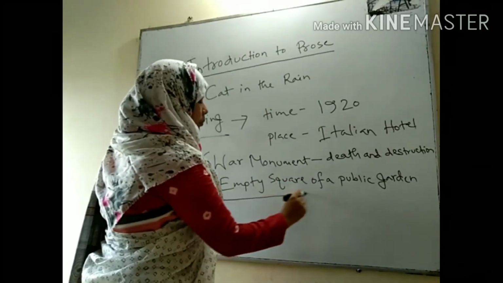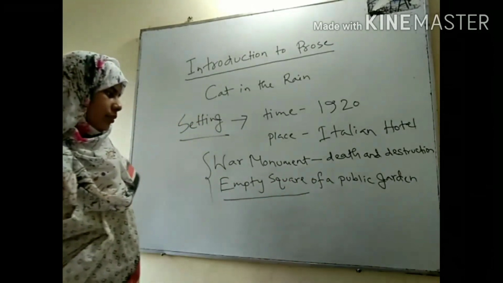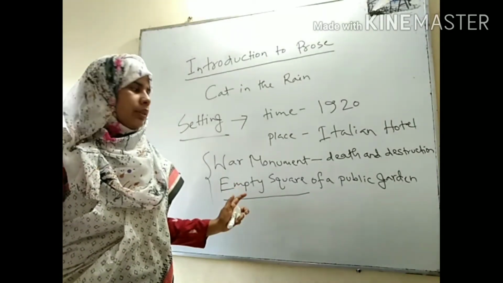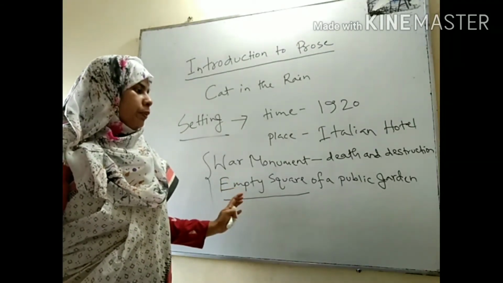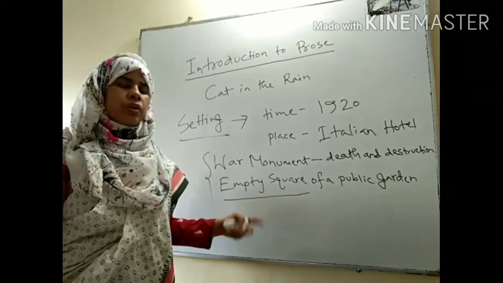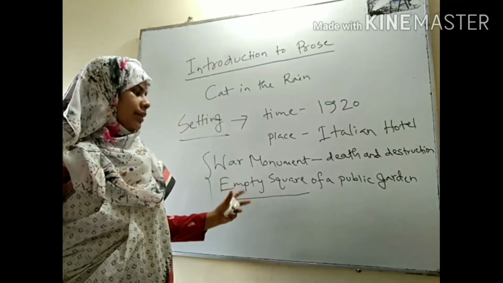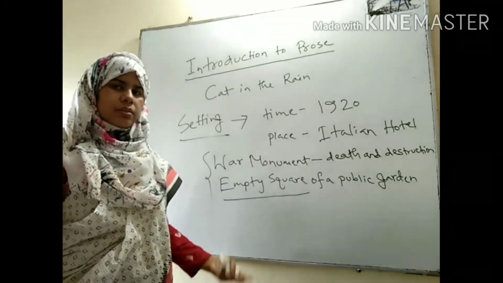and empty square of a public garden. Empty means desolate. There are no people to move or walk. So empty symbolizes nothingness.